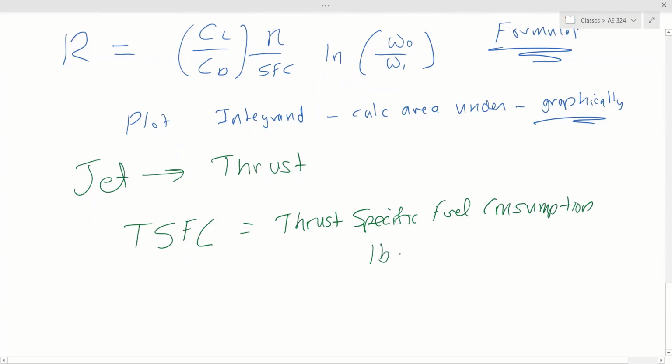And this is the pounds of fuel per hour per pound of thrust. Similar deal, how many pounds of fuel per hour do you burn when the engine is running at a certain power level or a certain thrust level?